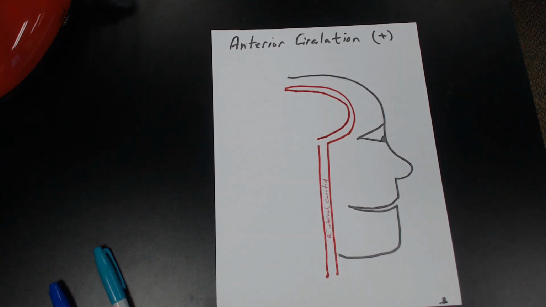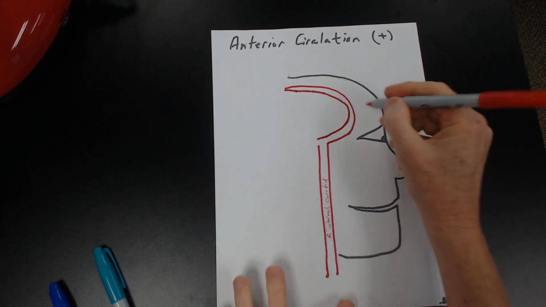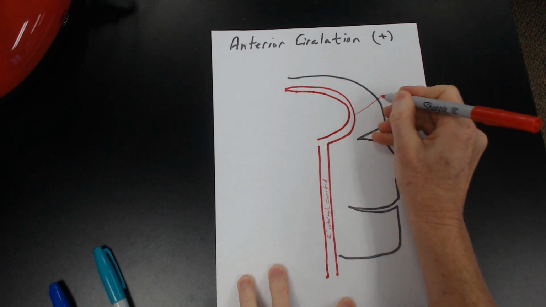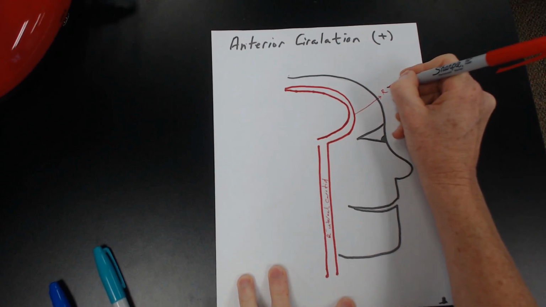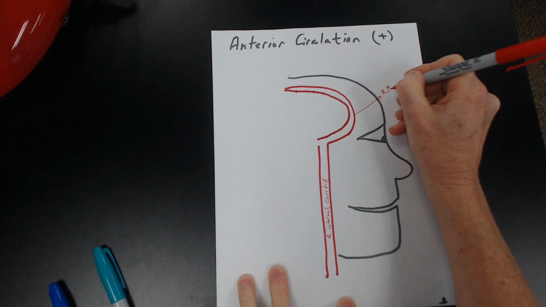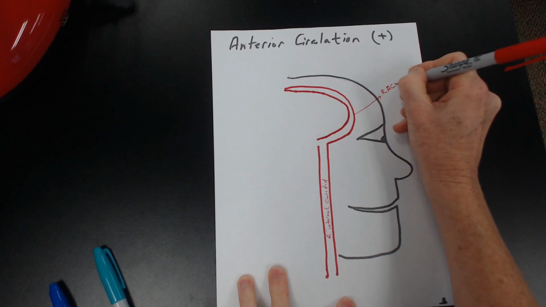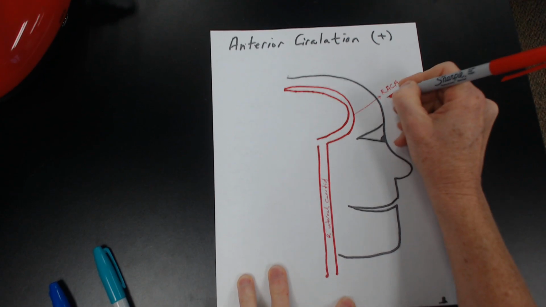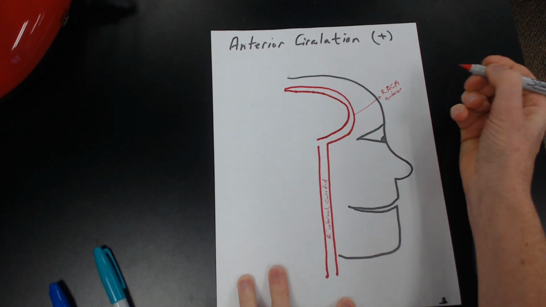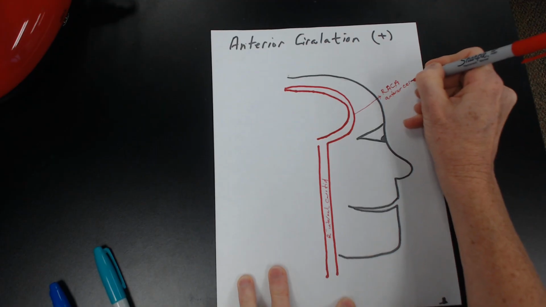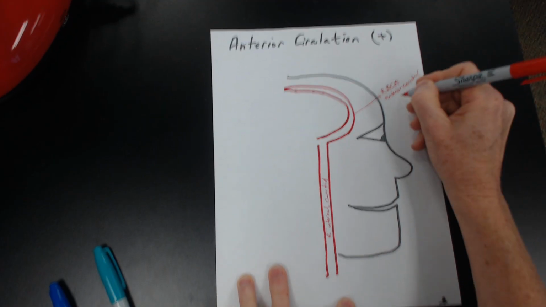Okay, this first shoot comes off the internal carotid at about the level of the eye, and this is going to be your right anterior cerebral artery, or ACA. Anterior cerebral now, not cerebellar.